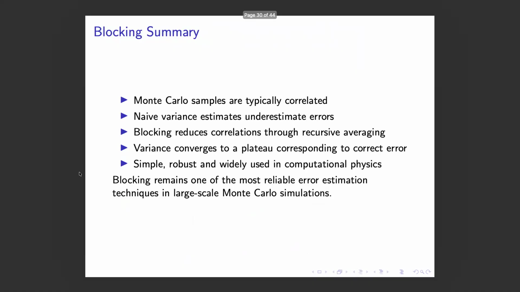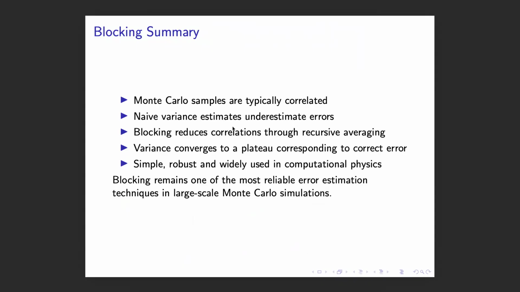So I wanted to say something about the bootstrap method as well, in case you want to implement that one. It's typically used for smaller data sets, and in particular when you have independent stochastic variables. If you think of a summary here, the Monte Carlo samples are typically correlated.